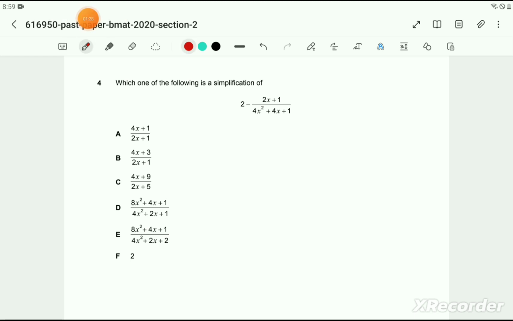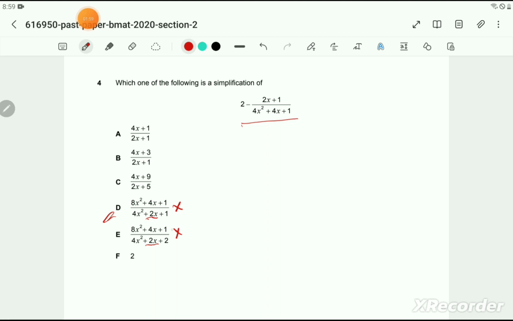If we particularly look at the bottom part here, 4x squared plus 4x plus 1, but answer D doesn't have 4x, it's twice x. That means it cannot be the answer, it should be exactly the same. In case of E, also the same, that cannot be the answer.